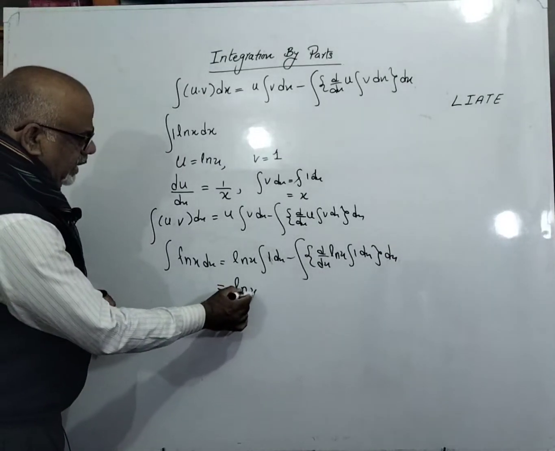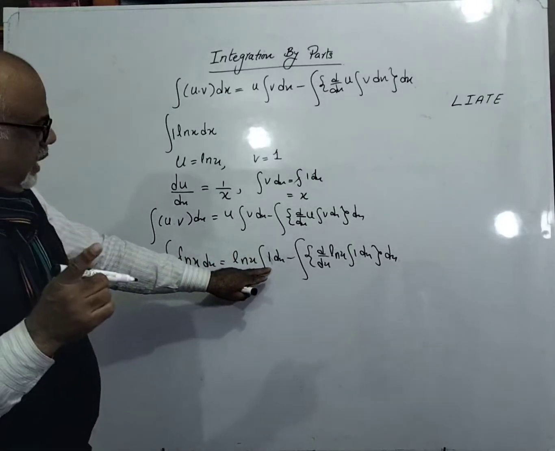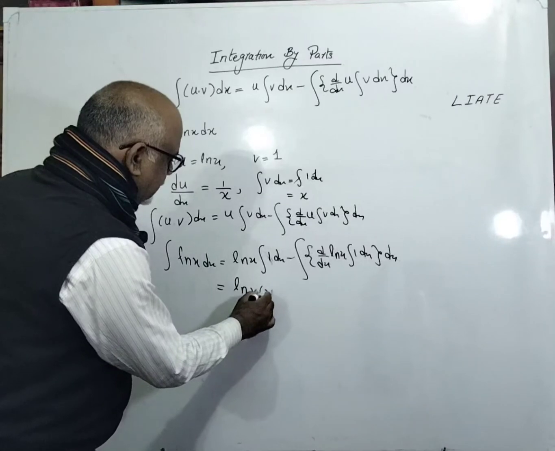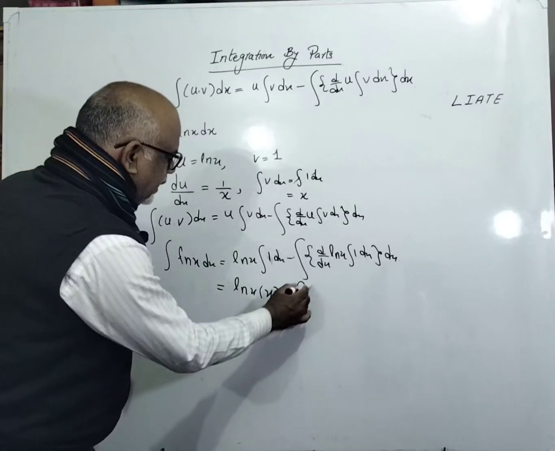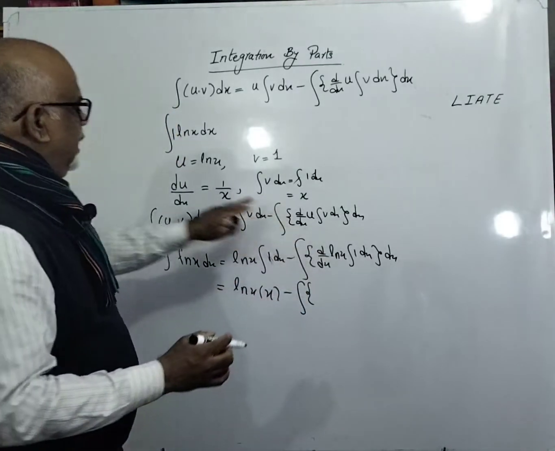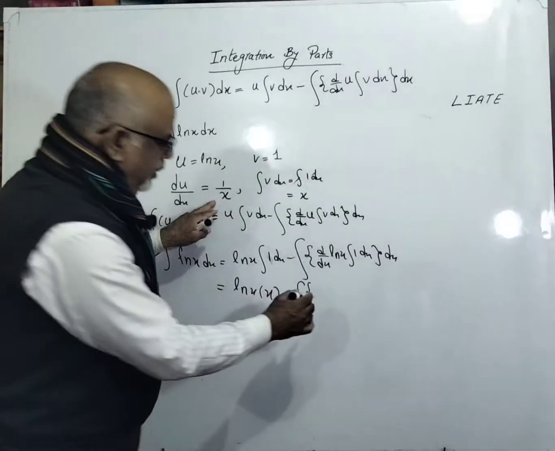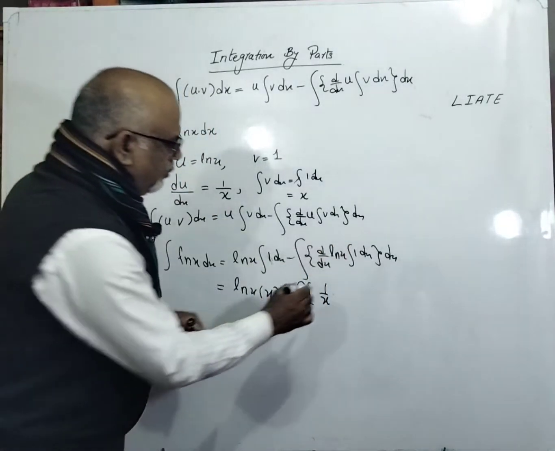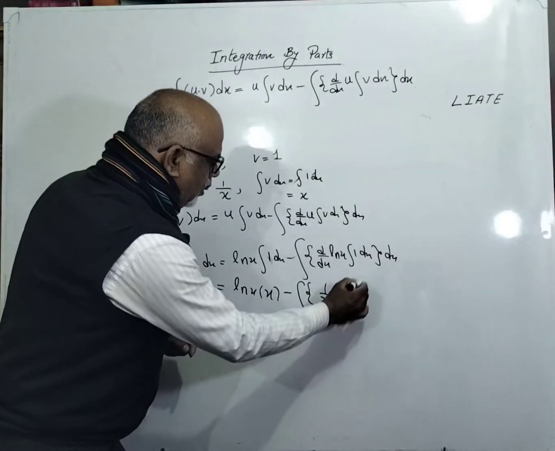So this is ln x, integration of 1, it is x, so we put x here, minus the integral of the derivative of ln x, that is 1 upon x, times the integration of 1, that is x, dx.